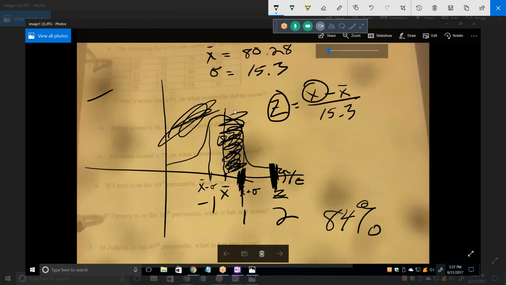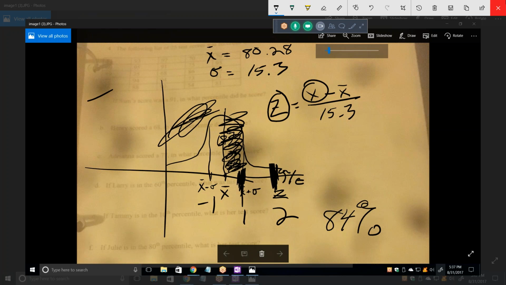Mm-hmm. Now, that doesn't mean z comes out to be 0.91. What it means is that when you look in a table, so I'm going to look in my table A, and I'm going to look for 91%. Have you ever seen one of these tables in a book, or are you strictly working on your calculator?